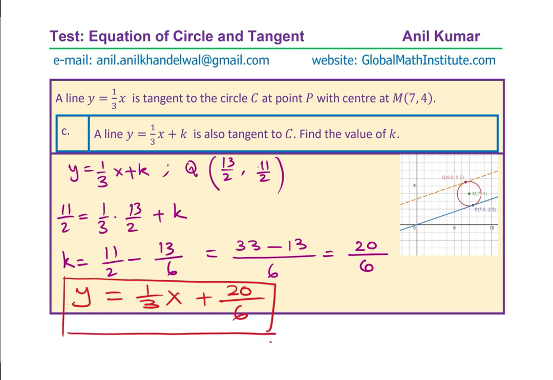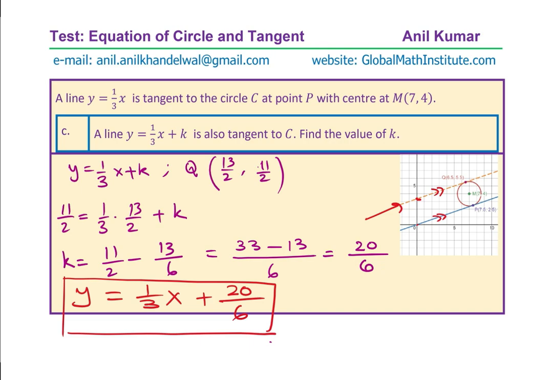Perfect. So that is the equation drawn, as you can see, with the y-intercept being 20 by 6, right? And the gradient is the same as the gradient of the line given, which is 1/3. You get the idea. So that is how we can actually solve this particular question.